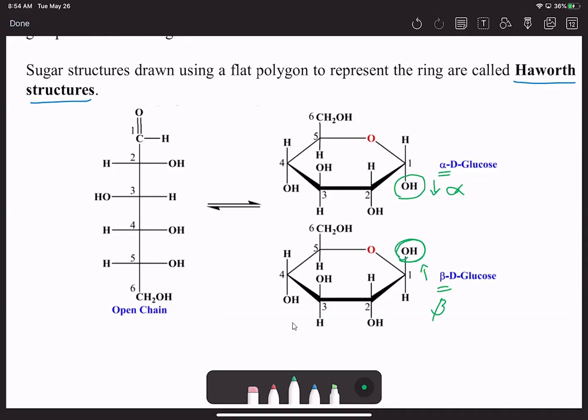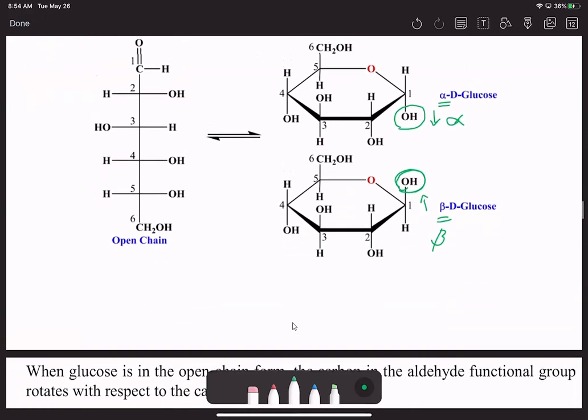Every time I draw glucose, I draw it out the same exact way every single time, just out of habit. So I know glucose has 6 carbons because I've memorized that. So you memorize that too. Glucose, 6 carbons. So I know that glucose has an aldehyde functional group, and I know that it has 6 carbons.